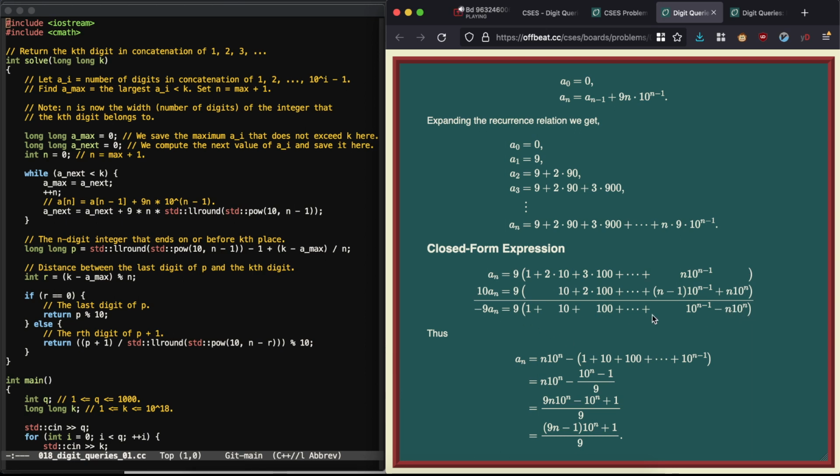Now for this we can easily find a closed form expression, because what we have inside, from this 1 to this 10 to the n minus 1, is a geometric series. We can apply the geometric series formula. A little bit of cleanup from here to here. I'm removing 9 from both sides, and I'm removing the negative sign here and putting the negative sign here. In other words, I'm dividing both sides by minus 9.